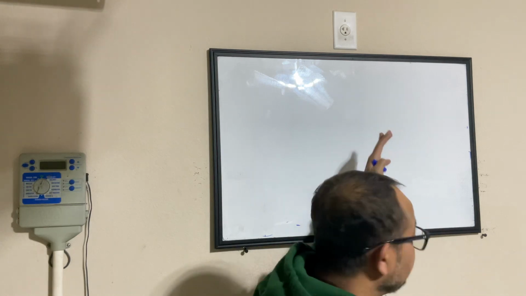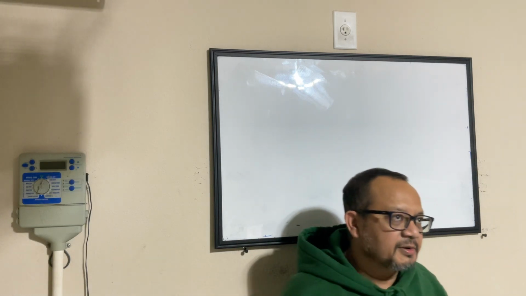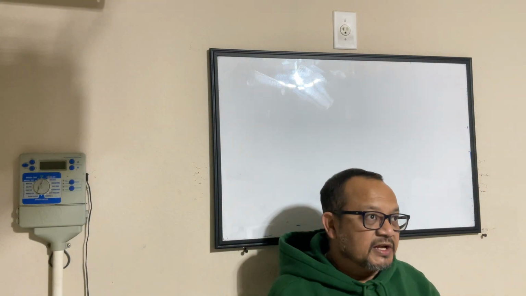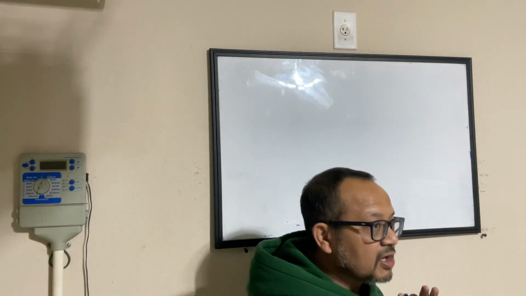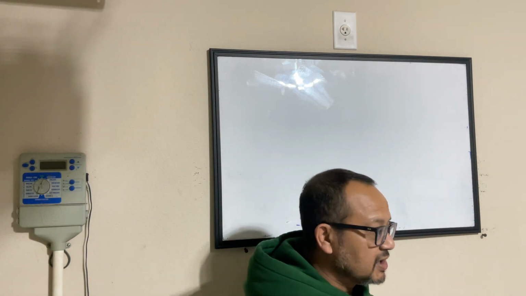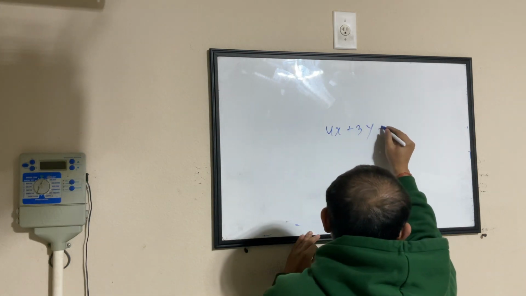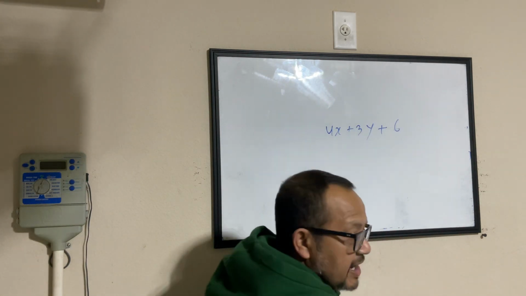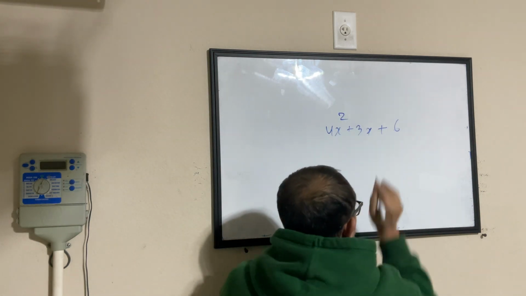So going back to dealing with operations with rational expressions. There's another concept that you have to always keep handy with you, the concept of equivalent expressions. Meaning, if I have 4x square plus 3x plus 6, let's deal with only one variable for now.